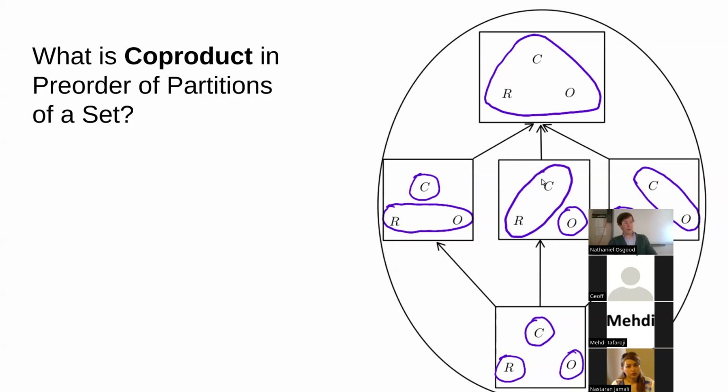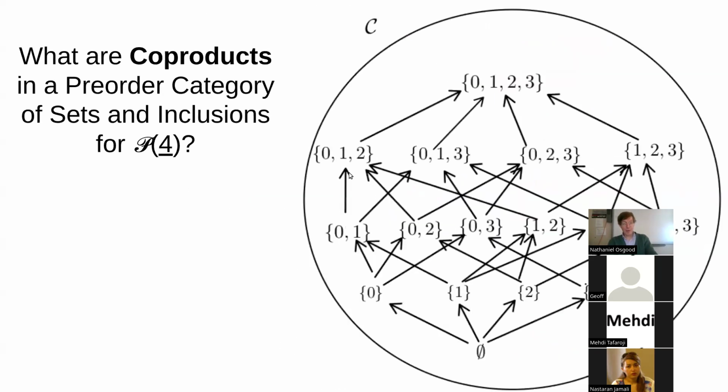So C and R are grouped, so they've got to be grouped here. R and O are grouped, so this has to all be glommed together, all glued together. Do you get this feeling of gluing things with union, yeah.